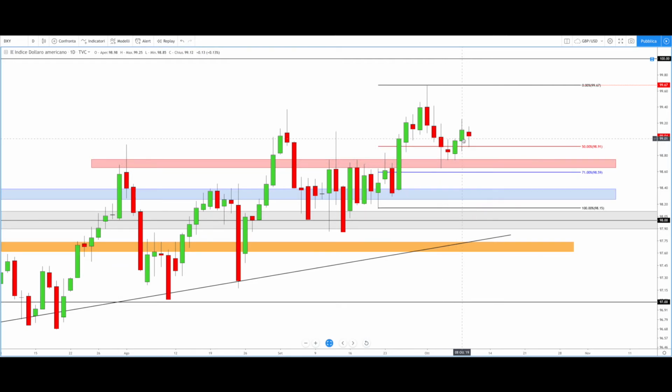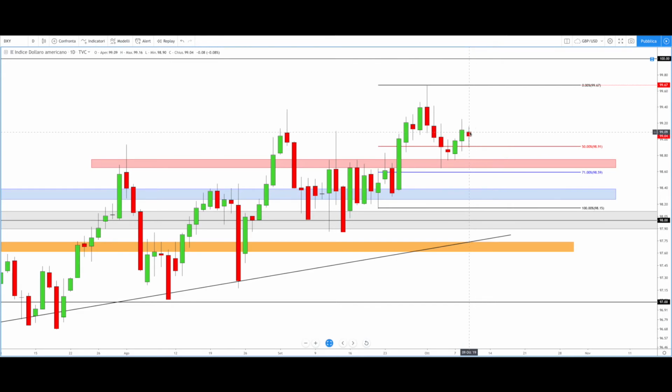After this correction the price formed a first bullish engulfing candle at the start of the week, and from this point seems to have the strength to start a new bullish phase, especially because today the price started a new bearish phase, but now is forming a clear hammer candle that, if confirmed, will be a huge bullish signal.